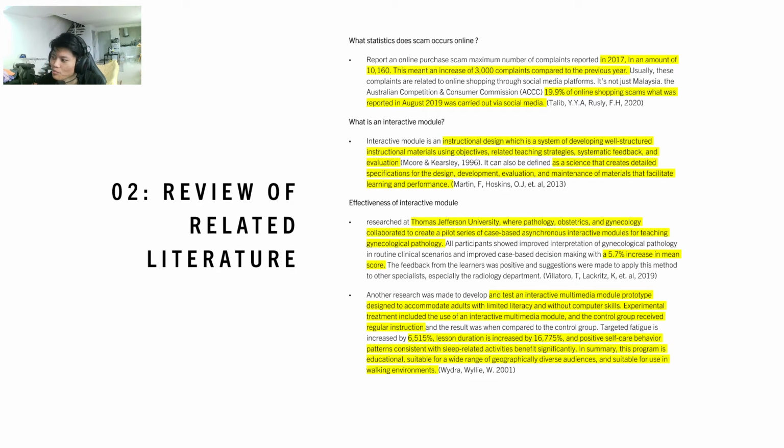Short story, a 5.7 increase in mean score was the result in this whole research paper, which is good. And the feedback from the learners was positive, and suggestions were made to apply this method to other specialties, especially the radiology department.